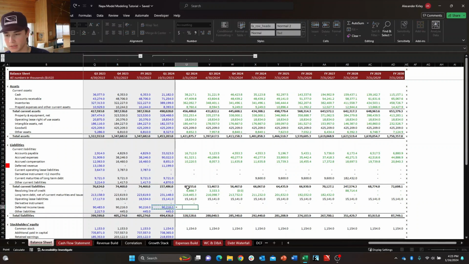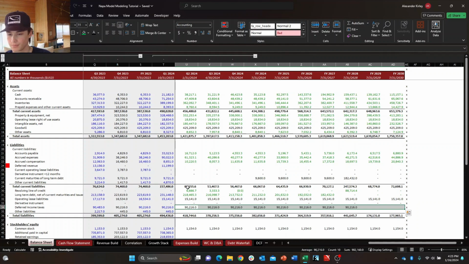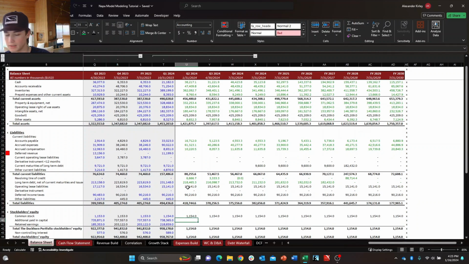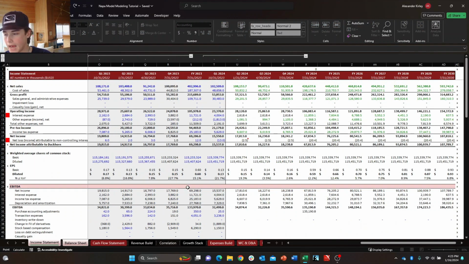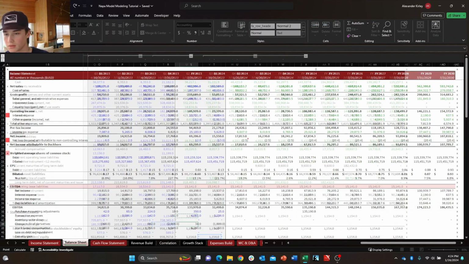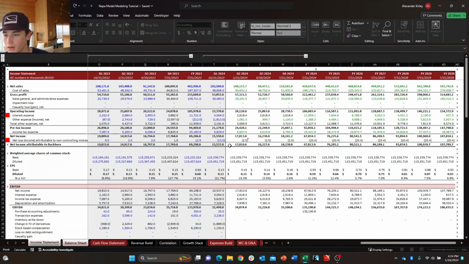Deferred income tax, we're going to keep that straight line. Other liabilities, we have to play around with that. Now let's get into our additional paid in capital. We'll get into that later. Retained earnings, what we're going to do is take this and then add our income from that. So this is Q2 equals this past period plus our net income.